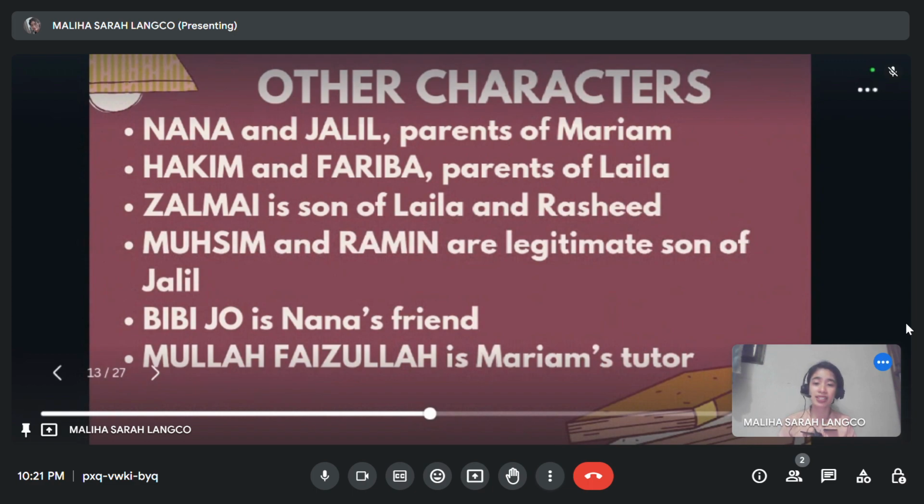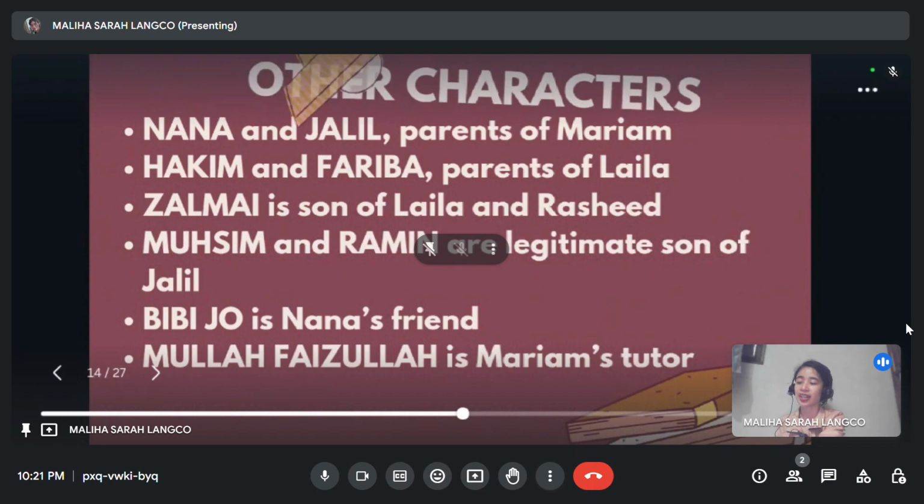Now let's proceed to Masoom and Ramin. These are the legitimate sons of Jalil. They are the ones who often give food and supplies to Mariam and Nana in their cabin. Then Bibi Jo is Nana's friend and Mullah Faizullah is Miriam's tutor.